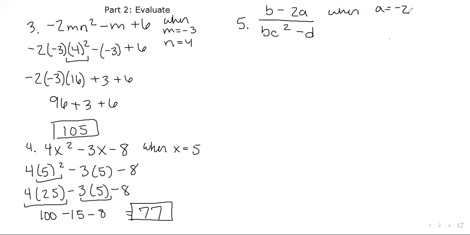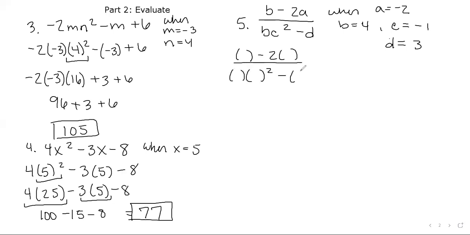A equals -2, b equals 4, c equals -1, and d equals 3, okay? Now let's plug it all in. For this one, I'm going to use my little trick, so we make sure we don't get confused.